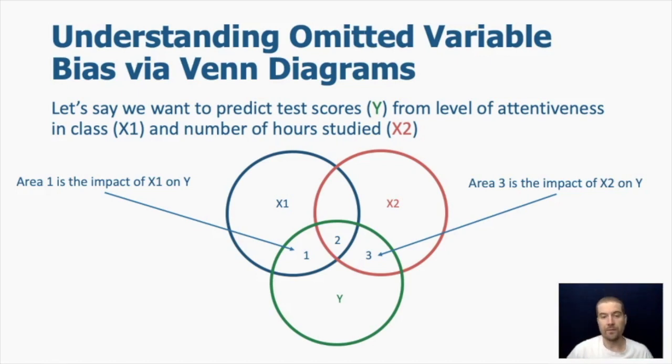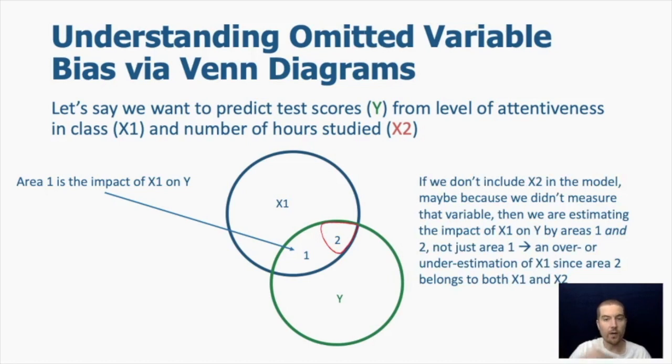And remember, area 1 is what x1 uniquely describes in y. 2 is what both of them together describe in y. And 3 is what x2 uniquely describes in y. So 2 is this kind of shared area where x2 and x1 both explain it, and so we can't really say it belongs to one or the other solely.